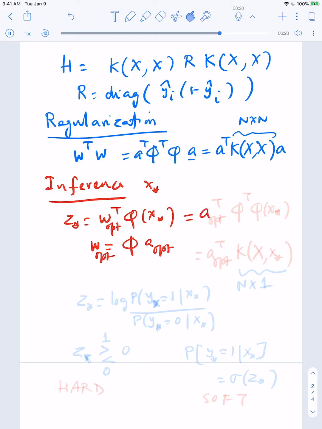So this is A opt transpose phi of x star, and again we are not explicitly dealing with phis anymore. We have a kernel that tells us what to do, and this is just k(x, x star), an n times 1 vector.